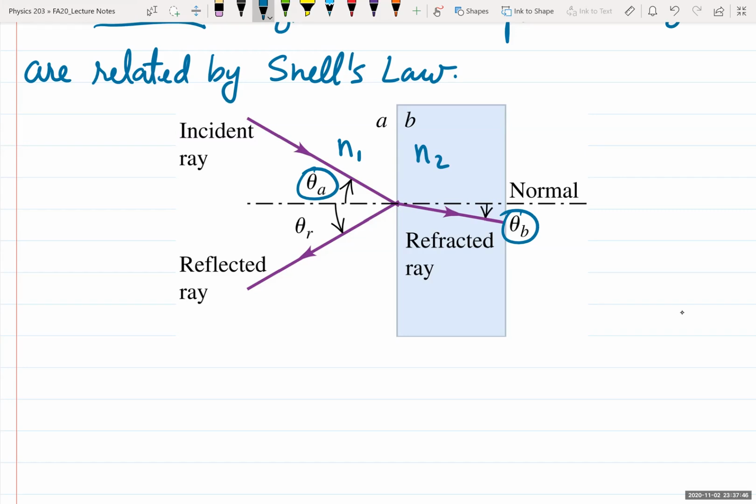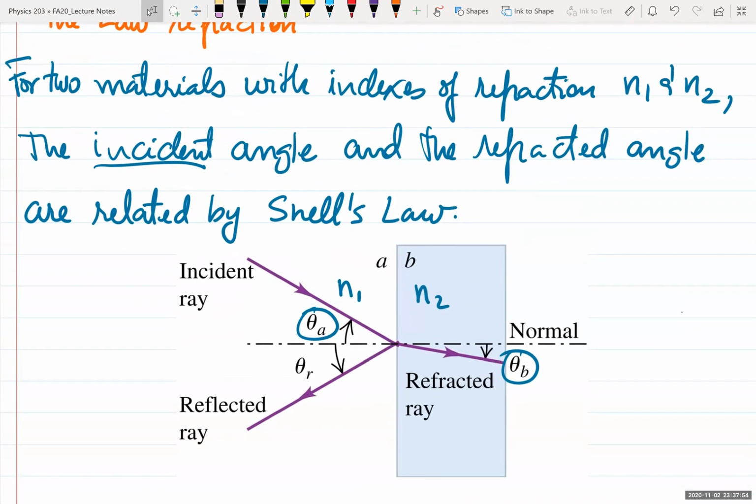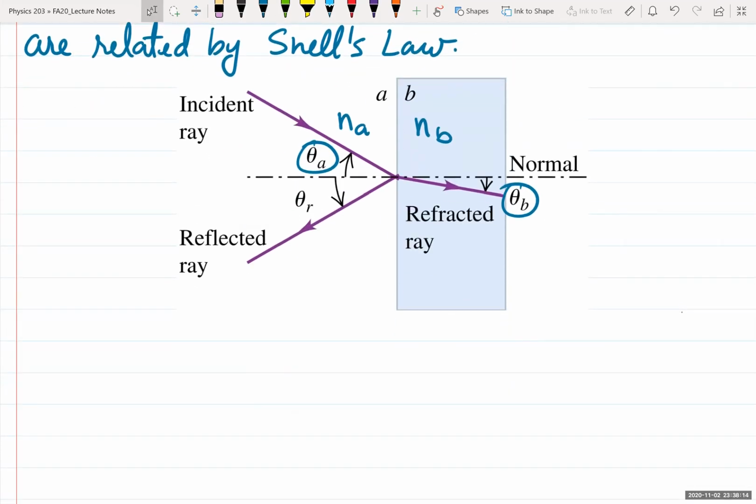Your book uses A and B, so in the PowerPoints I am using A and B. So instead of calling this N1 and N2, I'm going to call it NA and NB. The funny thing is that when you do the problems in the homework, they are labeled as N1 and N2, not NA and NB. But just remember, one is the index of refraction for the incident medium, and the other one is the index of refraction for the refracted medium.